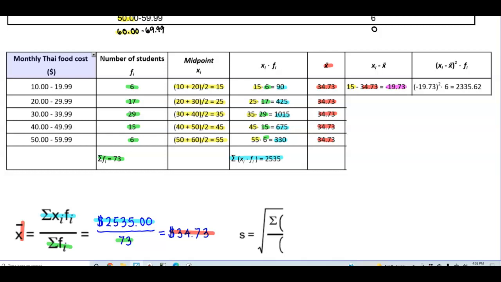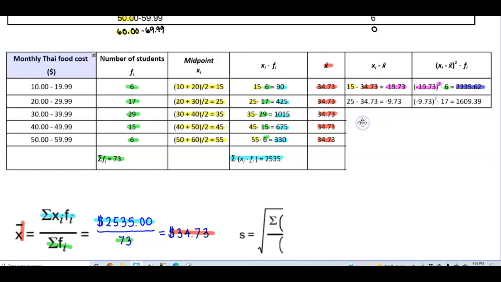Then we're going to square this negative 19.73 and multiply it by the frequency. Once we do that, we get a total of 2,335.62.